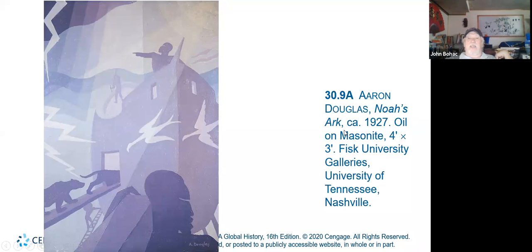Aaron Douglas was an African American artist and painted his subjects based on his experience as an African American. Fisk University Galleries. Fisk University was a traditional African American university.